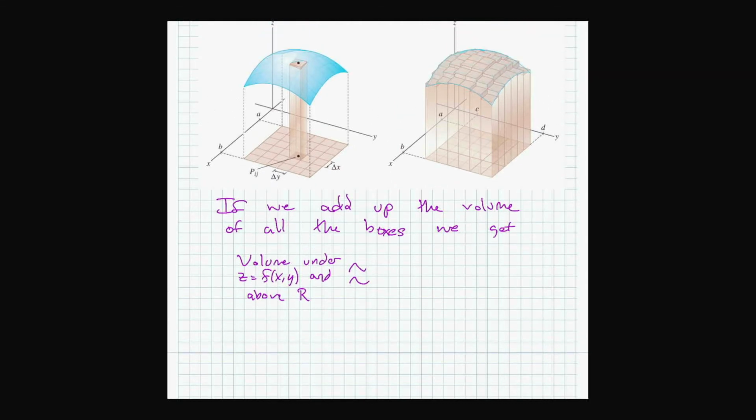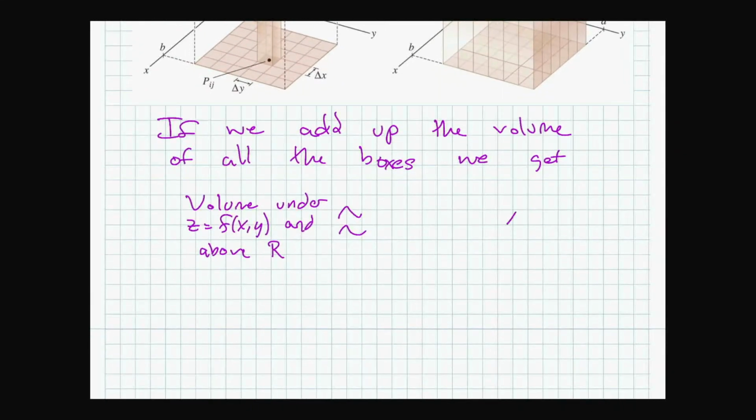You would need to add up the volume of all of these boxes, right? So each of these boxes has a volume delta x, delta y, ij. That's like the width here and the width here, and then they have a height, and the height is given by f of xij, yij.